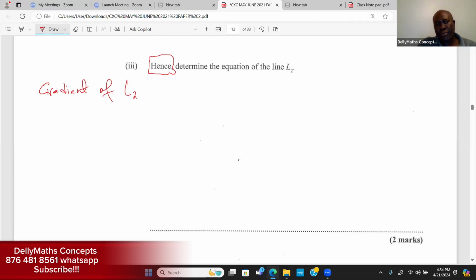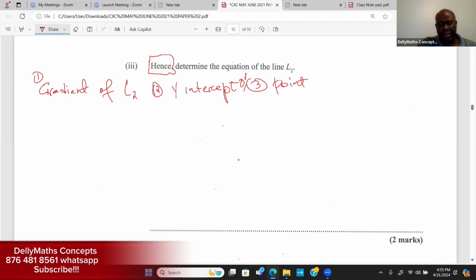Secondly, we need the y-intercept. Also, if I have a point on that line, I could use it as well.